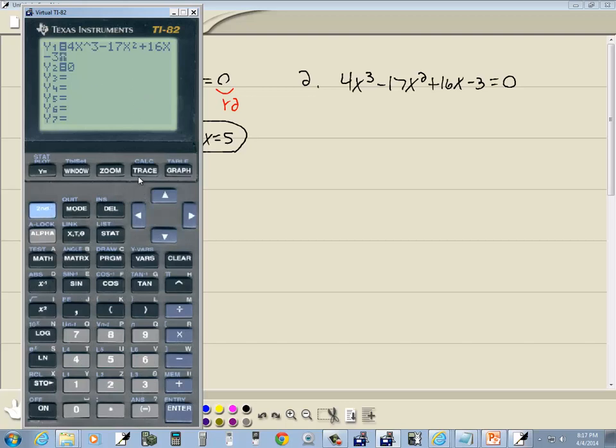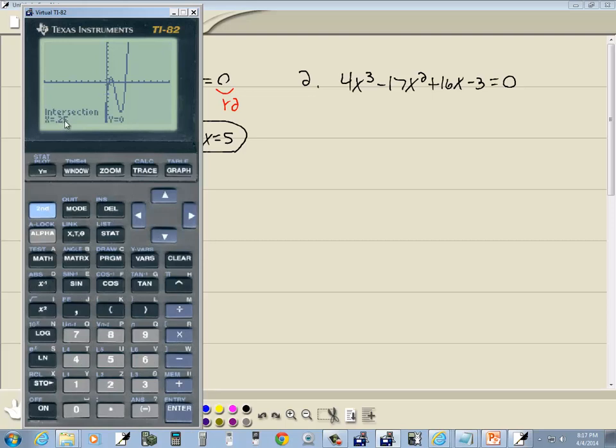Now I'm going to do second trace, choose 5 for intersect, and looks like it crosses at, I don't know, 1/4, 1 and 2, 3, maybe 3. I'll do enter on first curve, enter on second curve, and you see that my x value is 0, my y value is 0, so it's sitting at the origin now. And that's closest to that answer I'm trying to find right there. So I can just go ahead and press enter.